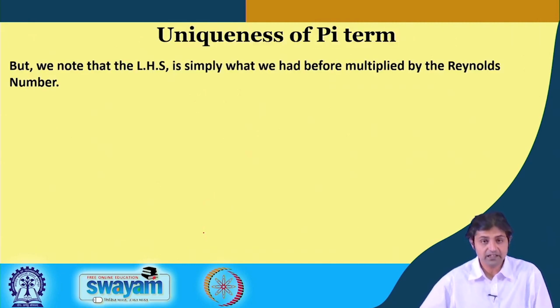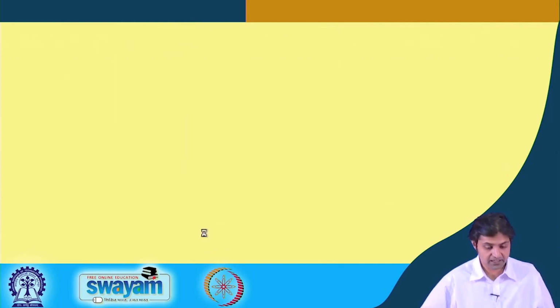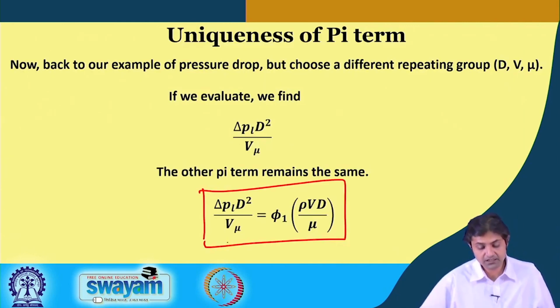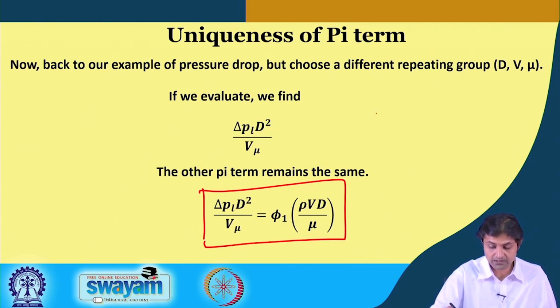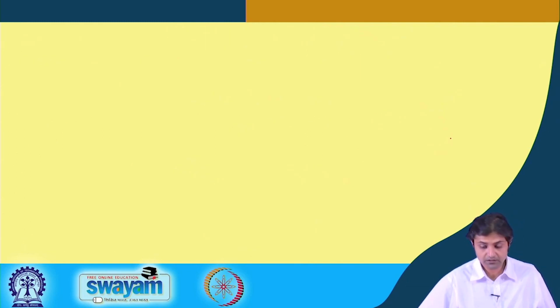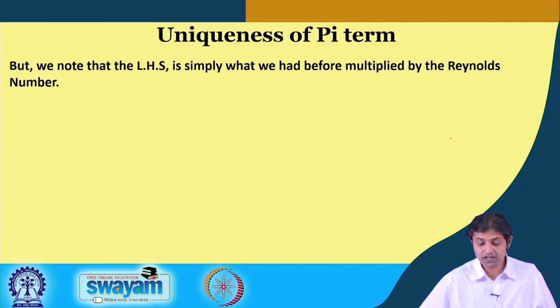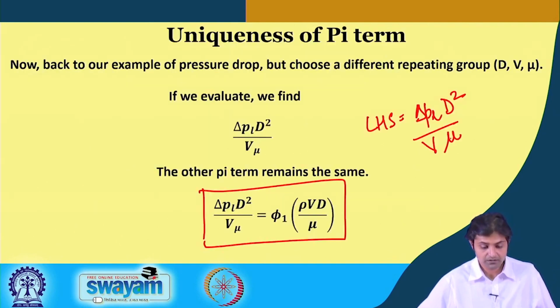But we note that the left hand side, LHS, is delta P L d square V into mu, and that is simply what we had before multiplied by the Reynolds number. Remember the pi term that we got last time?